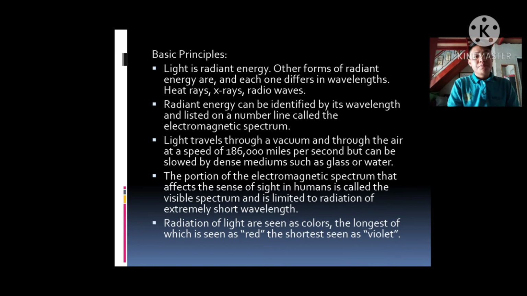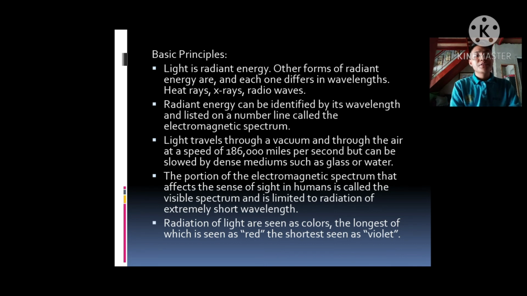Basic principle. Light is a radiant energy. Other forms of radiant energy, each differing in wavelength, are heat rays, X-rays, and radio waves. Radiant energy can be identified by its wavelength and listed on a number line called the electromagnetic spectrum.